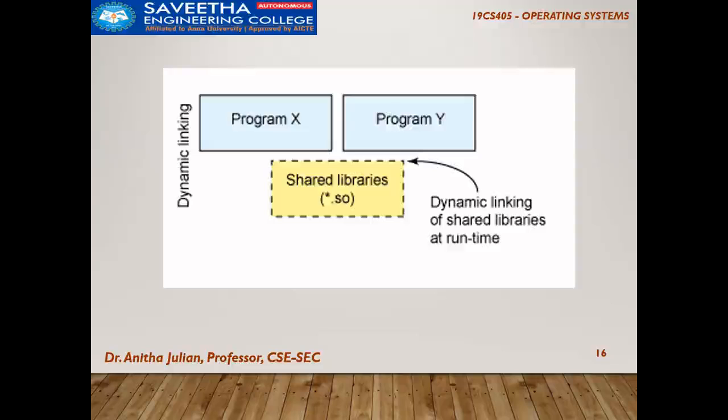You are not including them during compile time, but only during the runtime and execution time, as opposed to the static method. So dynamic linking is preferred, and nowadays mostly only dynamic linking is happening.